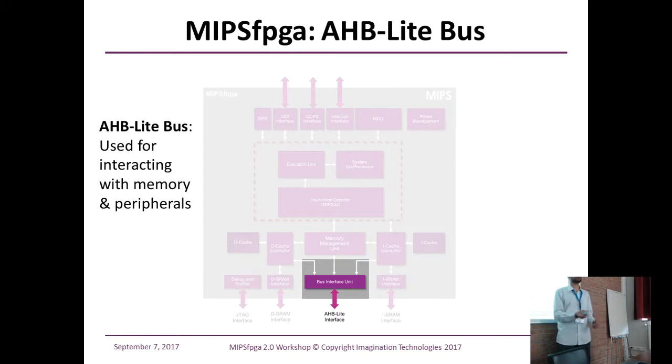Every processor core has a bus interface to interact with peripherals. The MIPS microAptiv comes with the AHB-Lite bus. It's very simple. If you imagine any bus interface with a read bus, write bus, some clocks, that's AHB-Lite. It's one of the simplest ones in use, but it's a standard. So any peripheral that conforms to the AHB-Lite bus standard can be connected to the MIPS core. And we have some peripherals within the MIPSfpga package itself as well.